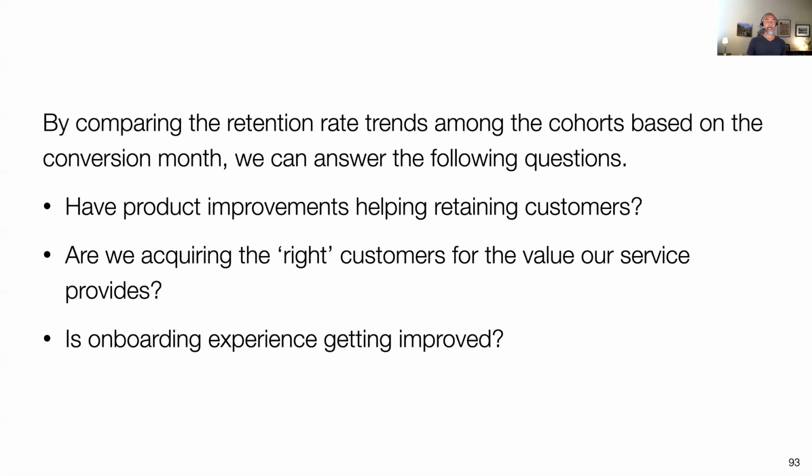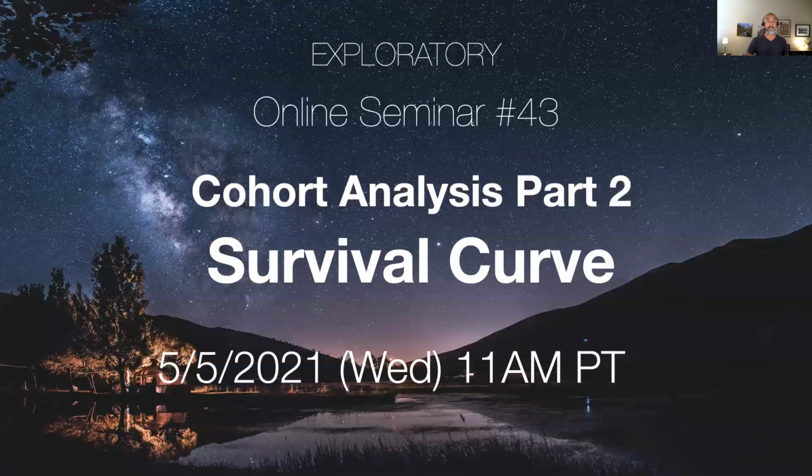Or is the onboarding experience, where you sign up and then get some support, either from people, the product, or documents, getting improved so that it helps retain customers in the first or second month? Those types of questions come up often in any SaaS or subscription business. We can answer these questions by looking at data like the previous slide. That is the next seminar's topic. The next one, cohort analysis part 2, survival curve, is the one I'm going to cover next Wednesday.